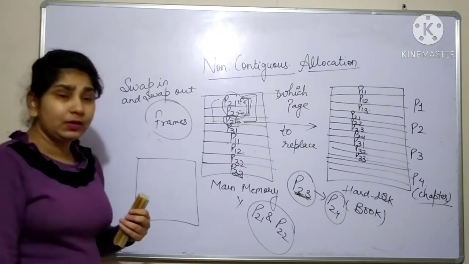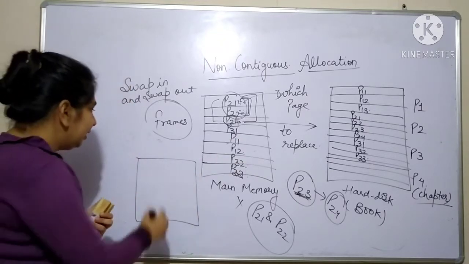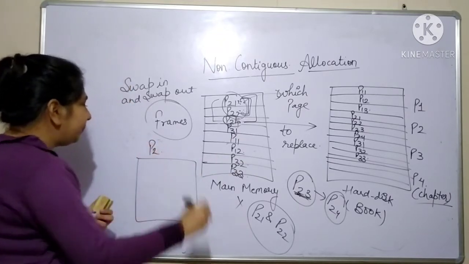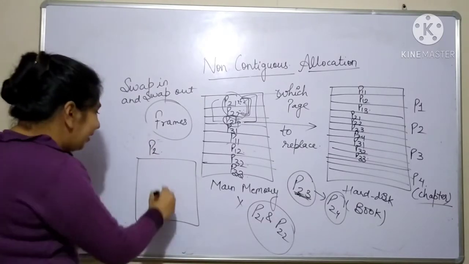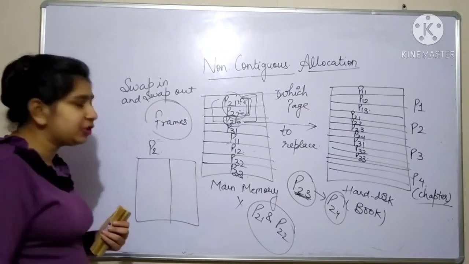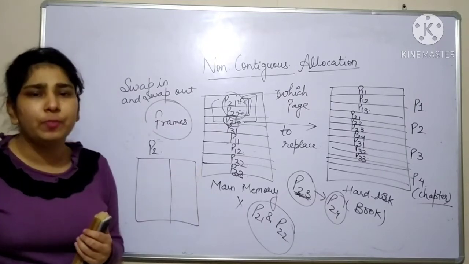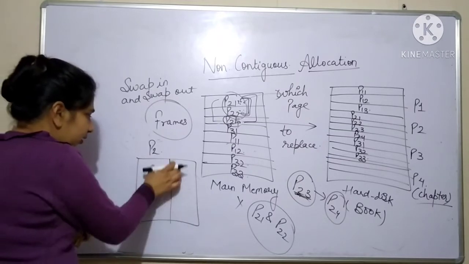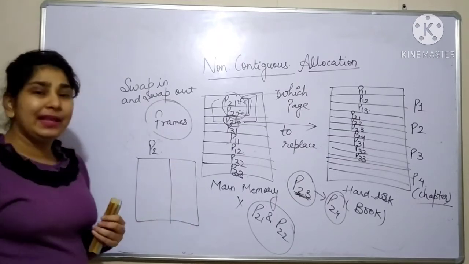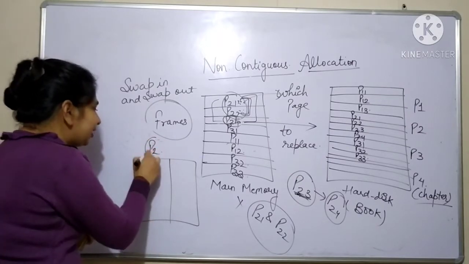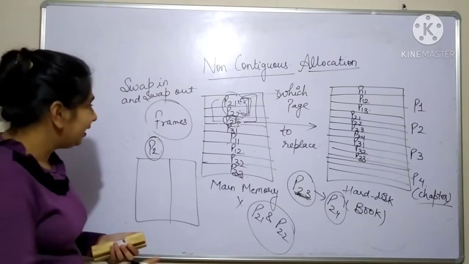For each process we have a page table. Let's suppose I have a page table for process P2. In this page table I will store the information of process P2: which page of process P2 is present at which memory location.